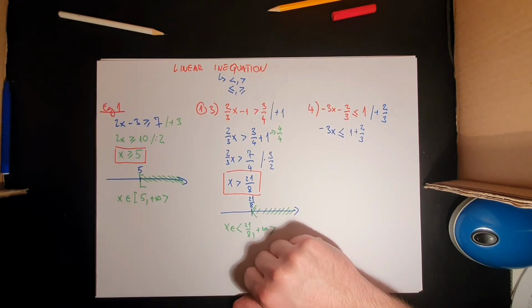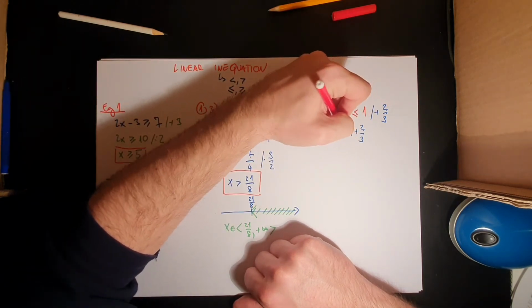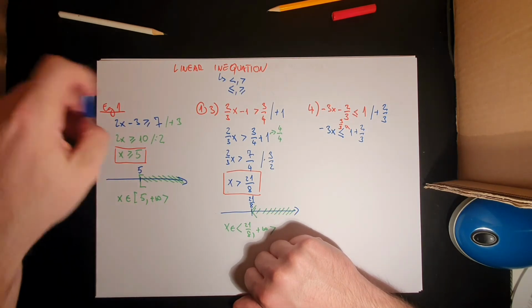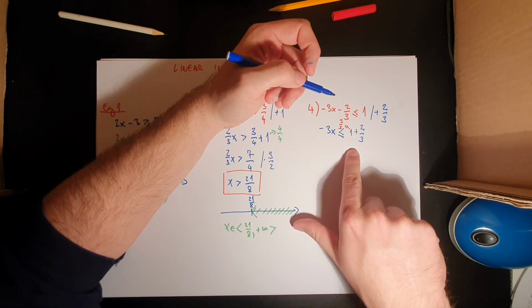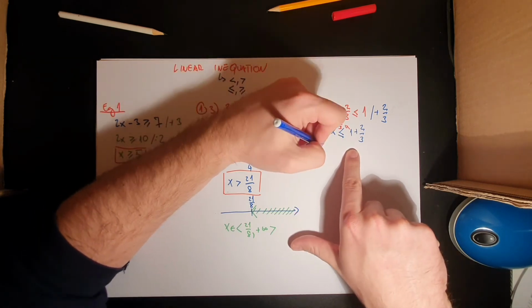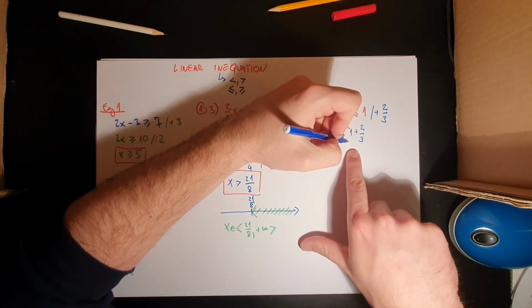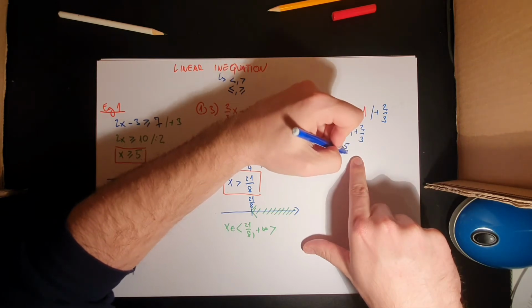Similar to the task before, we can rewrite 1 as 3 over 3. Okay, so we can add them up. Now, I'm not going to divide by minus 3 yet. I want to first solve the right side. So minus 3x is going to be 5 over 3.